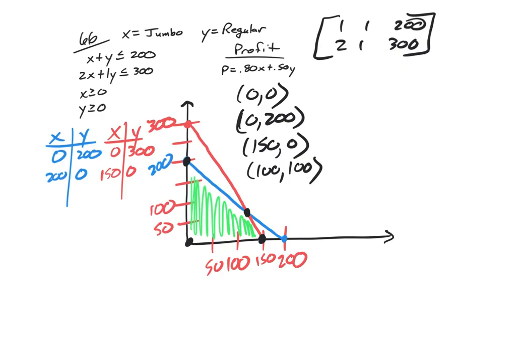Now, if I was going to make a profit, would making 0 biscuits give me a good profit? No. That would give me a profit of good old 0. So probably not going to make 0 biscuits if we're going to make a profit at this. Okay, 0, 200 would be really just 50 cents times 200, which would be $100.